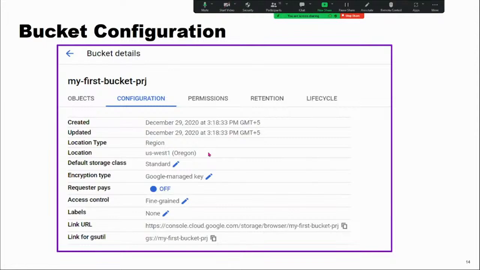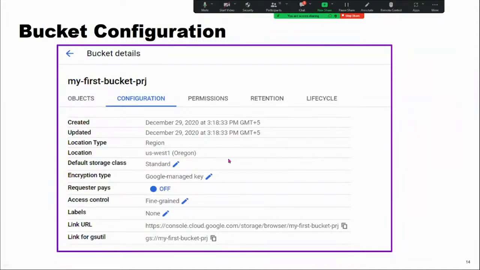If you want to change it, you have to delete your entire bucket and create it again with that particular location. That location can be a region, multi-region or dual region, as per your question. But there are a few things, like the storage class standard, the access control fine-grained, and labels if you want to add them. These are the editable properties.